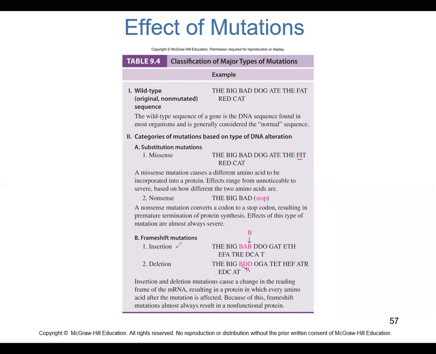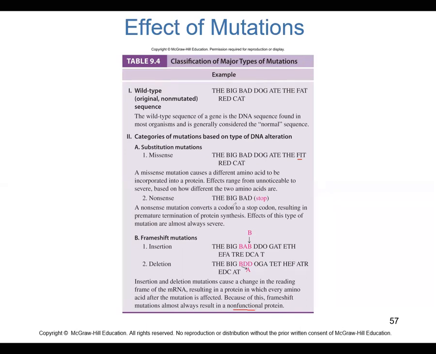A frame shift. So again, we have big bad dog. So they inserted a B there. Now look, the rest of it doesn't make sense, because you shifted the frame over, and that's from an insertion by adding one. And we can also remove one. We pulled the A out, so it shifted there. It doesn't make sense. These are usually non-functional proteins, and non-functional proteins can be fatal.